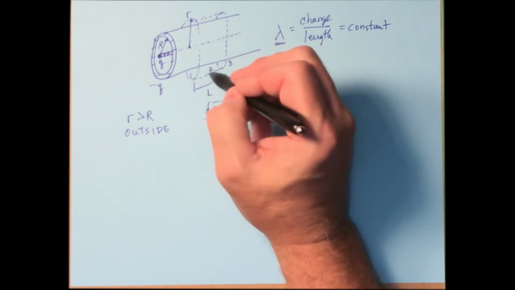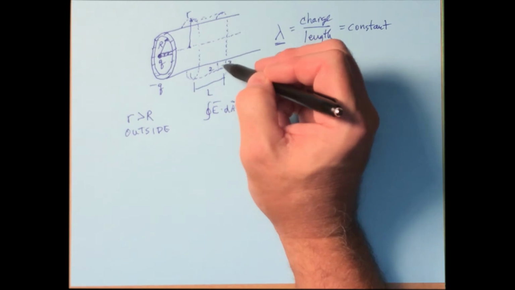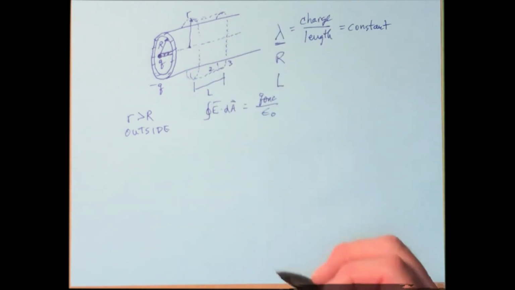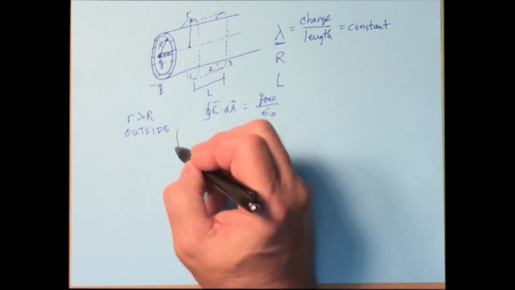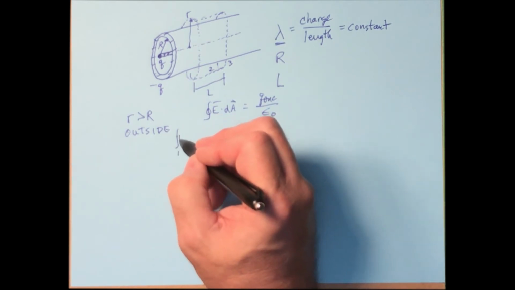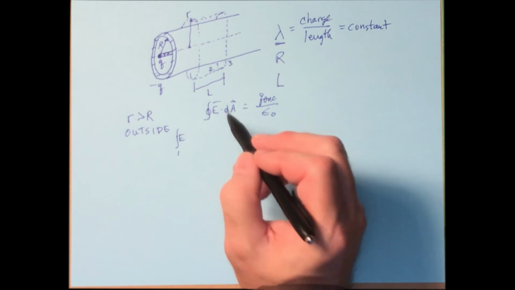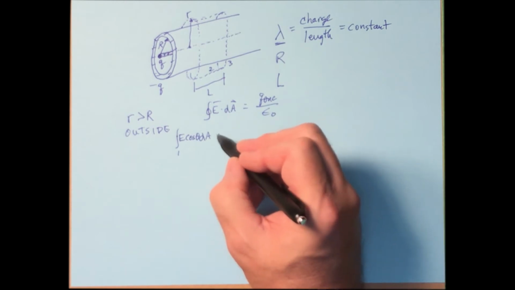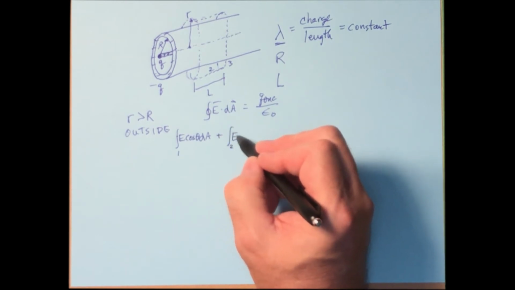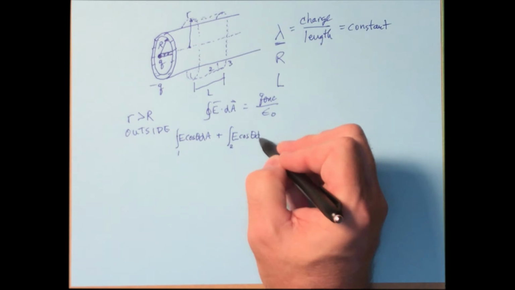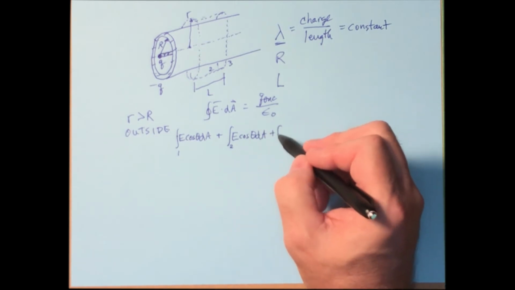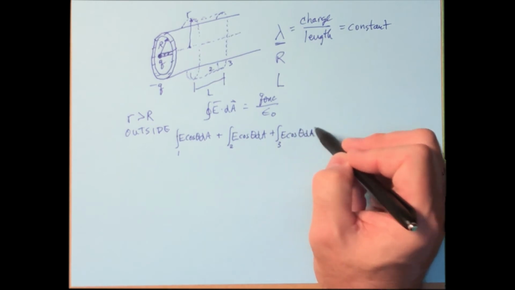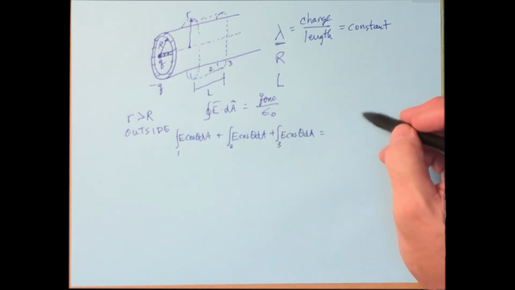Area 1 is this end cap, area 3 is the opposite end cap, and area 2 is the cylindrical region in the middle. So this becomes the integral over area 1 of E cosine theta dA, plus the integral over area 2 of E cosine theta dA, plus the integral over area 3 of E cosine theta dA, and that's equal to the amount of charge enclosed over epsilon naught.